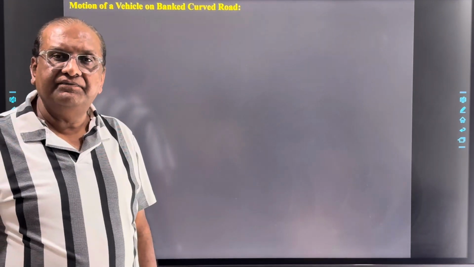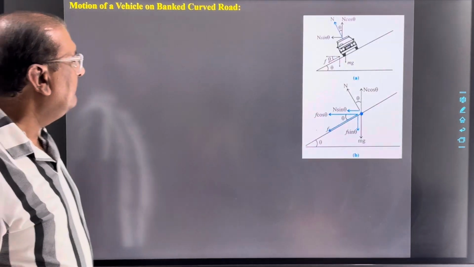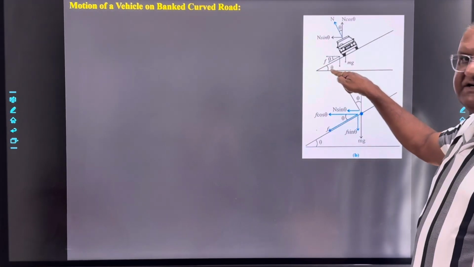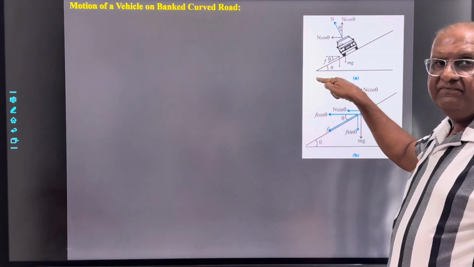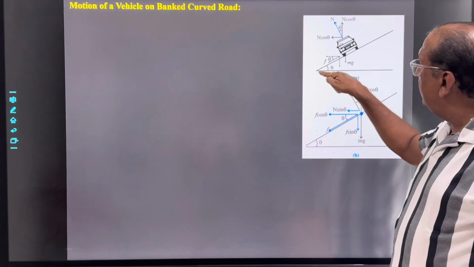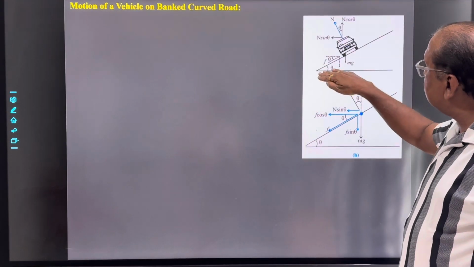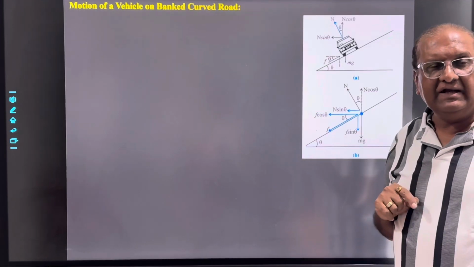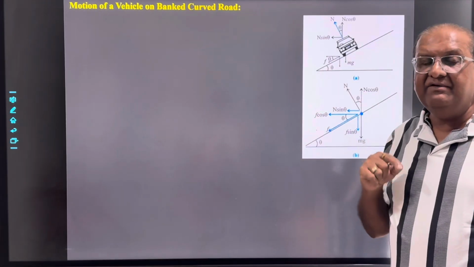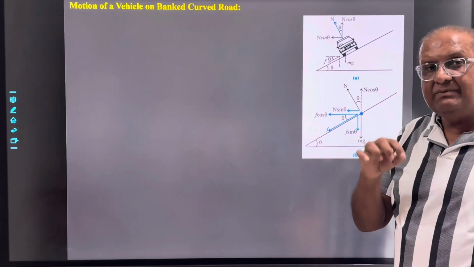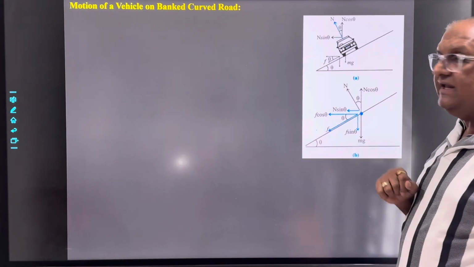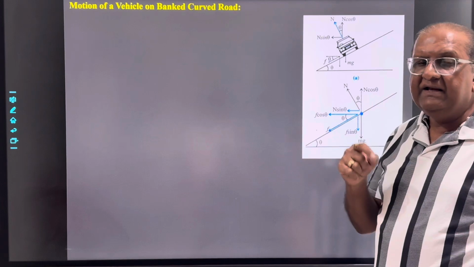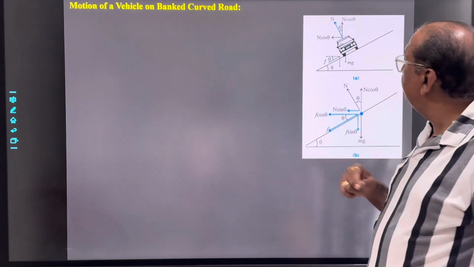Suppose the road is banked at angle theta towards the center. So the angle made at the center by this banked road is equal to theta. Now let's derive the equation for the maximum safe speed in this particular case. Again think about the forces acting.